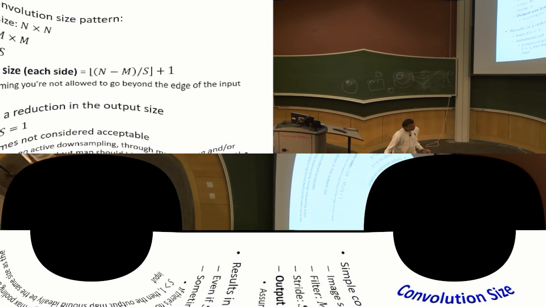Then the fact that it has lost size gets in the way of assigning input responsibility to each of the outputs. So sometimes you want the output to be the same size as the input, in which case we like to zero pad things, typically as symmetrically as possible. You add some columns of 0 to the right, some to the left, some at the top, some at the bottom. And you add just as many columns and rows of zeros as are required to make the output the same size as the input. The actual number, you can work this out, it's on the slides.